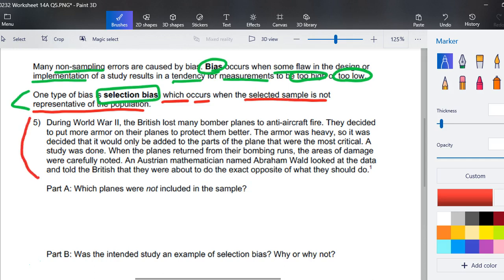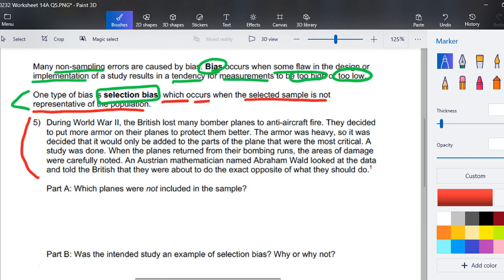Question 5, Part A. During World War II, the British lost many bomber planes to anti-aircraft fire. They decided to put more armor on their planes to protect them better. The armor was heavy, so it was decided that it would only be added to the parts of the plane that were most crucial. A study was done. When the planes returned from their bombing runs, the areas of damage were carefully noted.